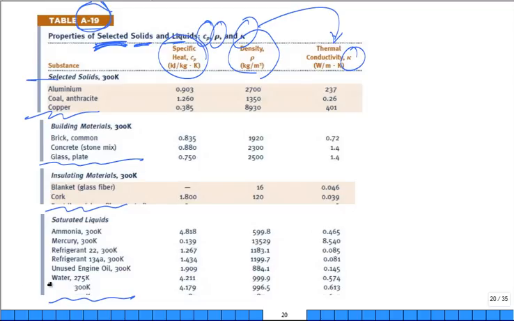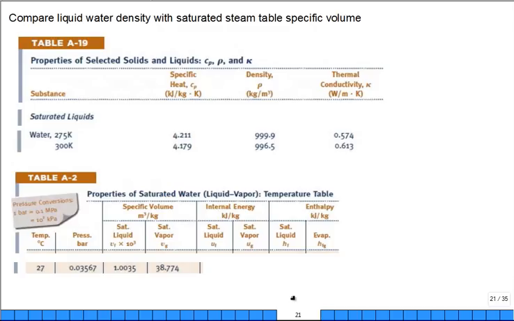Now, somebody says, don't we have tables for water? Yeah, we do. Will this value at 300 Kelvin be consistent for, let's say, the density? Yes, and you can prove it. I leave this as a homework assignment.